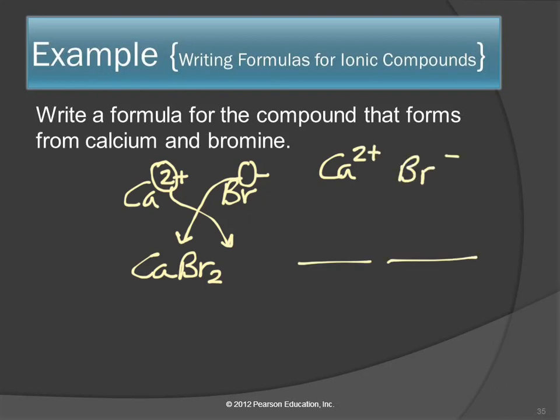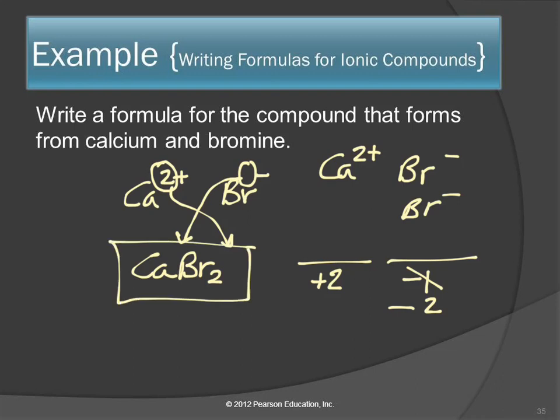If I'm adding up, I've got +2 and -1 for my total charges. If I put another bromide ion in there, now I have -2, and that's what I'm going for. So I have 1 calcium and 2 bromide ions, and that's what this formula is telling us. Any questions?